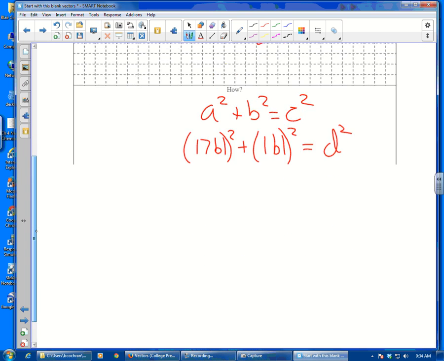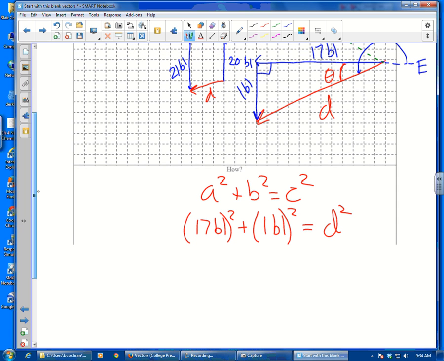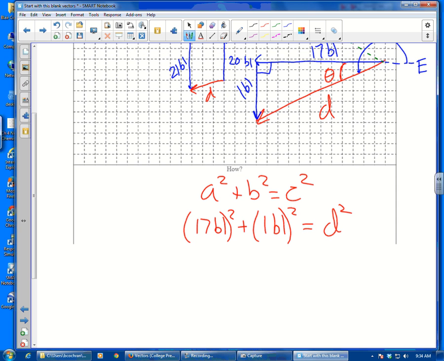Do you guys think you can do that math there? The D, to find D? Yeah? Okay. I'm going to move on to find theta then, because I think theta is the math that you guys will be a little shakier on. I want to use tan because I know the opposite of theta, right?